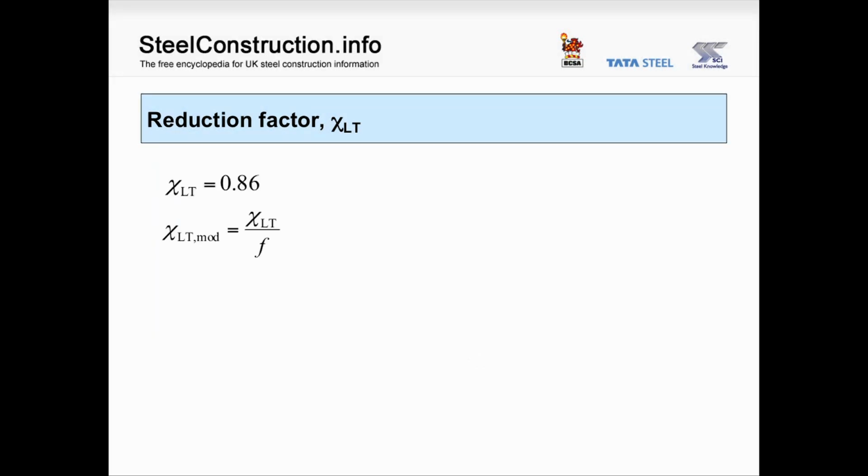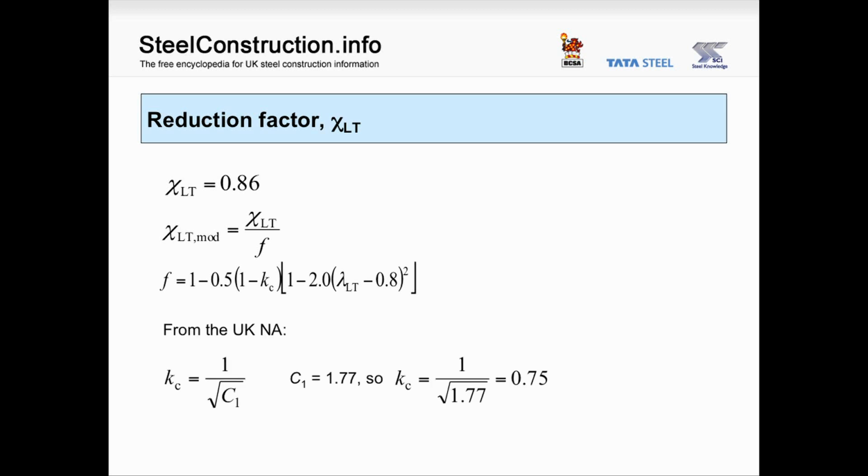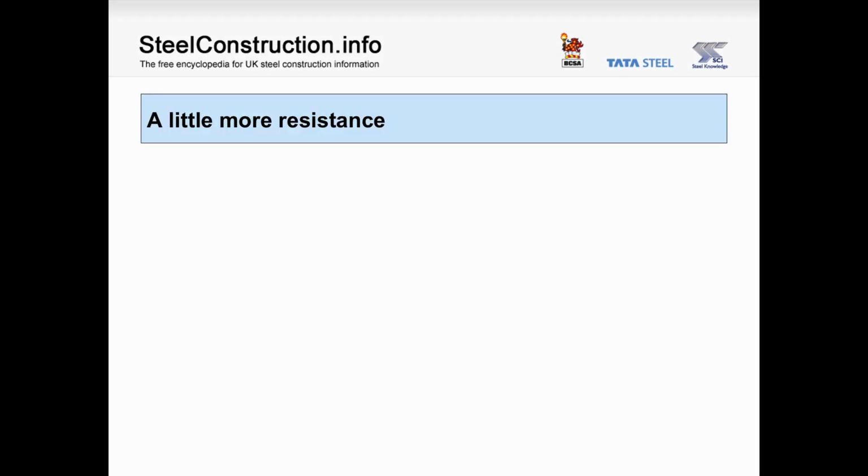It will be worthwhile in this case to calculate a modified value of KLT, because as C1 increases, the influence of the F factor becomes more and more beneficial. So the F factor depends on Kc, which is associated with the shape of the bending moment diagram. We know that Kc is defined in the UK National Annex as 1 over the root of C1. C1 for a triangular bending moment diagram is 1.77, so in this case Kc is 0.75.